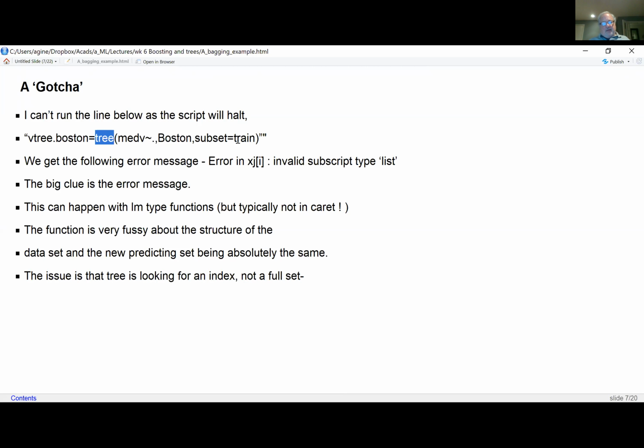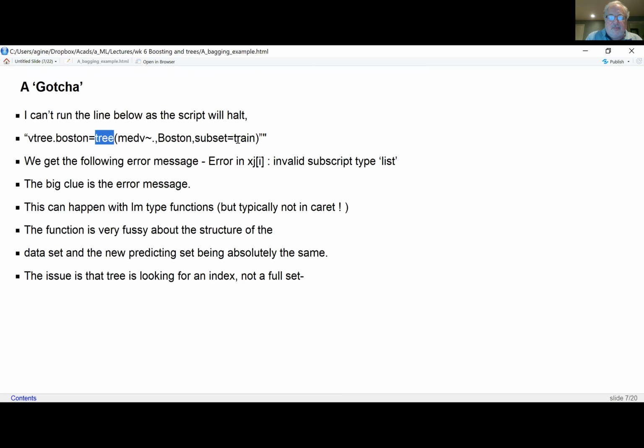If you do that, you'll get an error message. If you're very familiar with R, the error message is a big hint of what's going on. It's looking for some sort of list, and you haven't given it a list, you've given it a matrix of data.